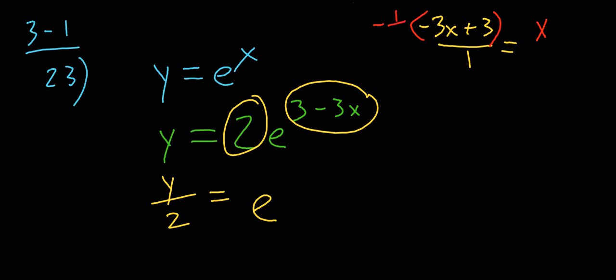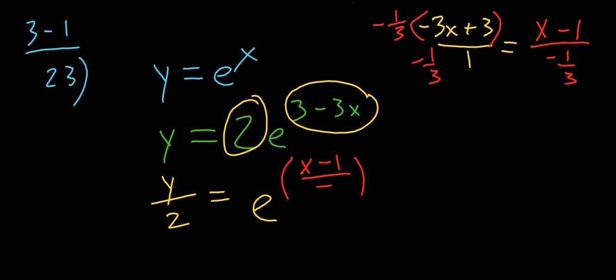Negative 1/3, right? Okay, but if you do it to the top, you must also do it to the bottom. So we have x minus 1 over negative 1/3. All I'm doing is distributing a negative 1/3. So the function form, x minus 1 over negative 1/3.